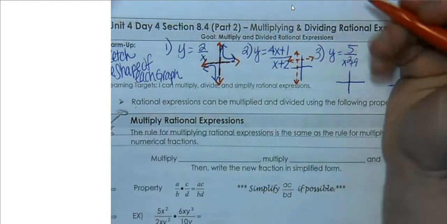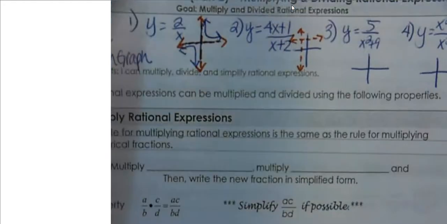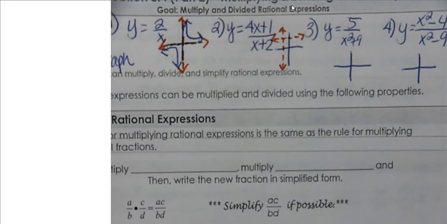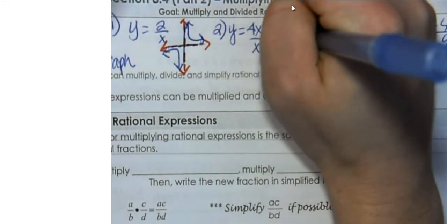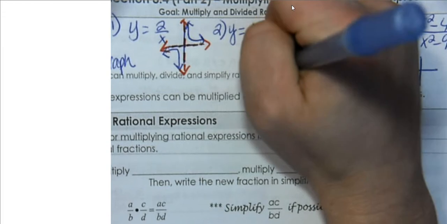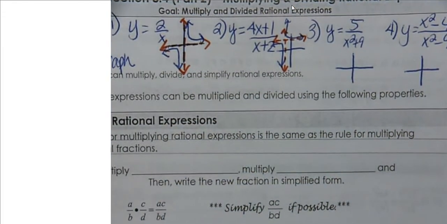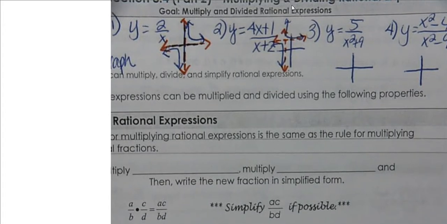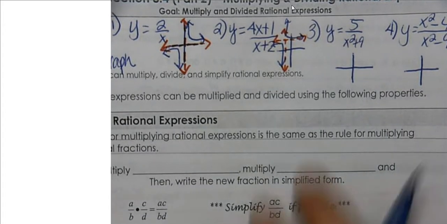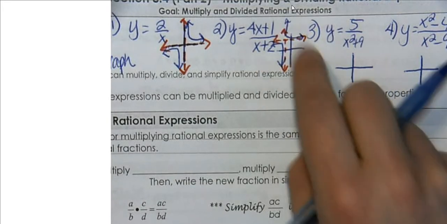We know that because this is a linear over a linear. So we would anticipate that the graph of this function is going to look something like this, where the graph has been shifted, and we can see that our branches are approaching the asymptotes.